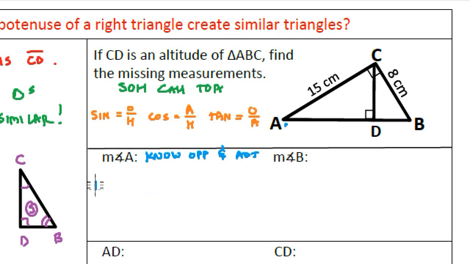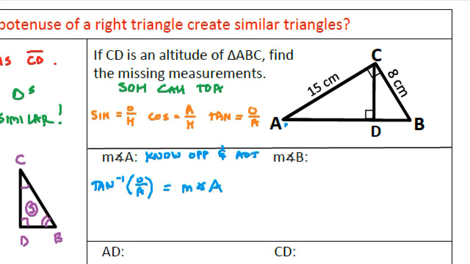We know inverse tangent of opposite over adjacent is going to equal the measure of angle A. That's what we want to learn, so that becomes part of our inverse trig equation, and we know adjacent right here, and we know opposite.